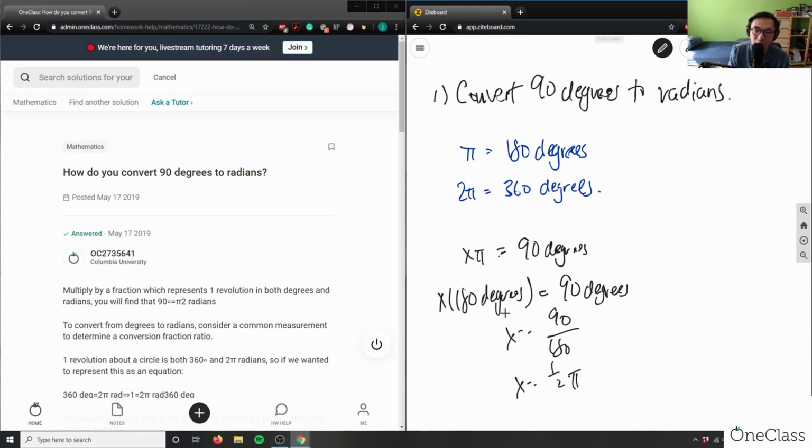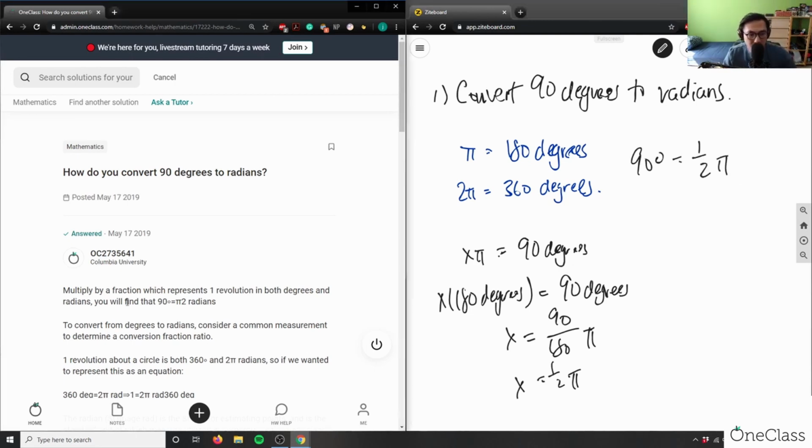It's half pi that would equal my radians here in this case. So let's see, just erase this for you, and this is simply half. We get pi here, so x would equal half pi. So if I convert 90 degrees to radians, therefore I can say that 90 degrees equals half pi in radians.